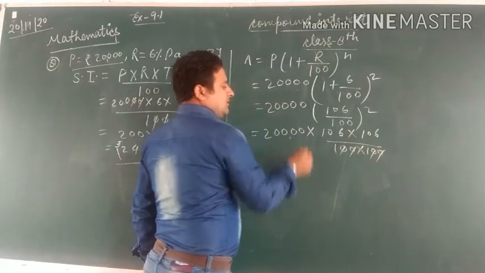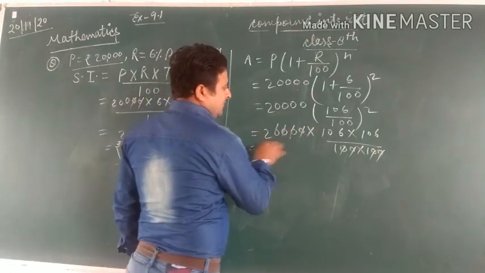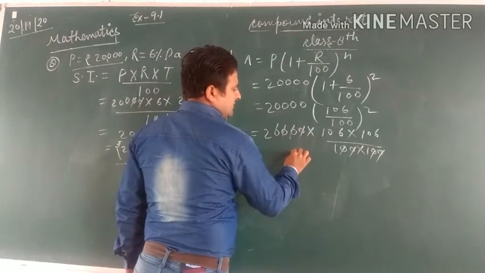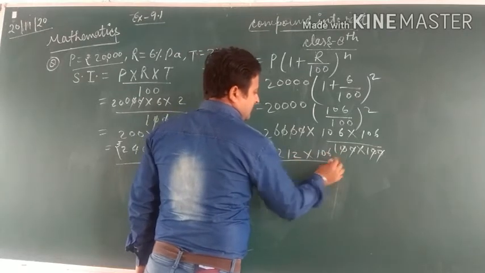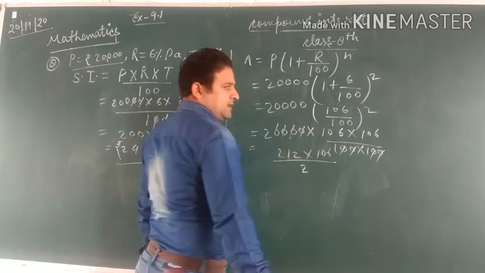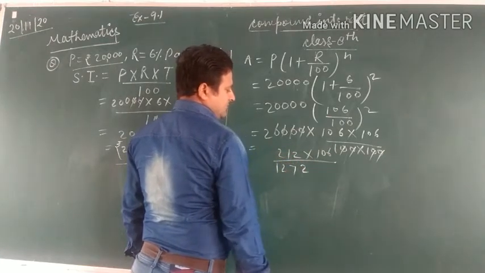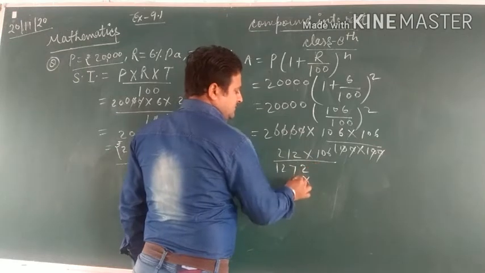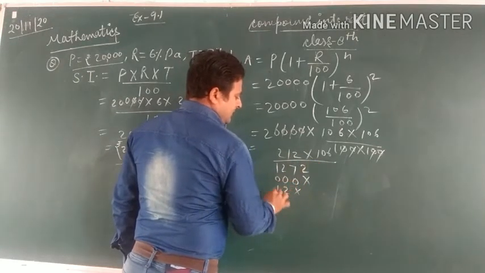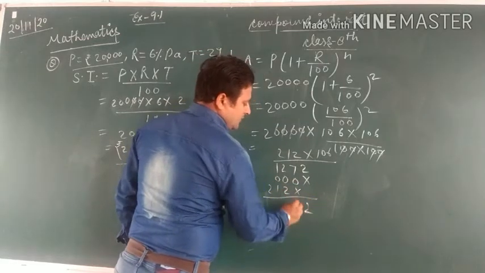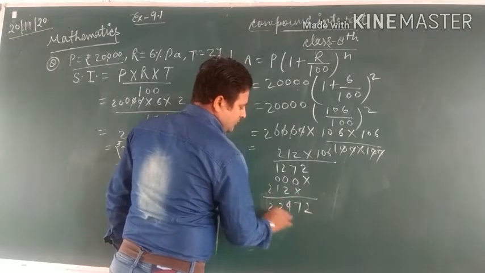2 zeros cut with 2 zeros. Then what is remaining? 2 multiplied by 106 multiplied by 106. We shall multiply: 6 twos are 12, carry 1, and so on. The result is 22,472.